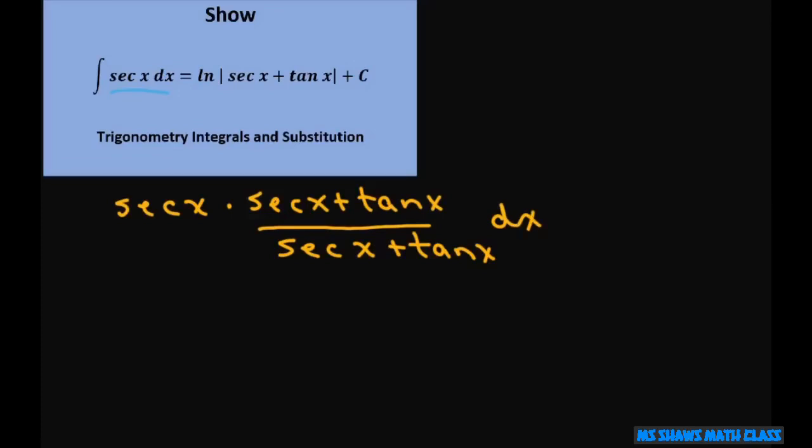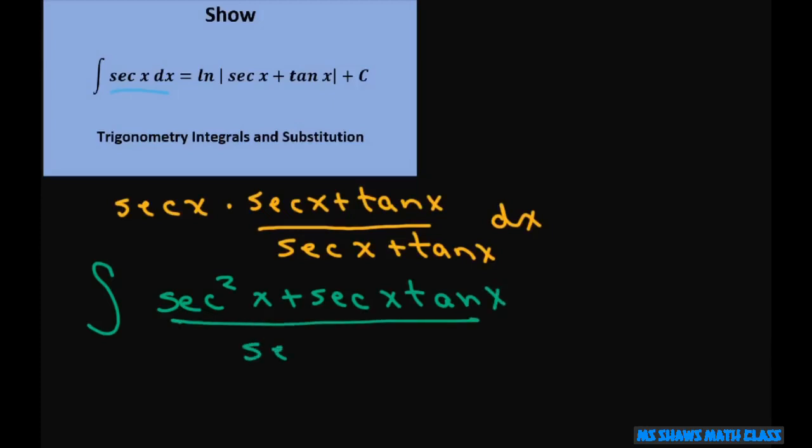So when you do that, you're going to get the integral of secant squared x plus secant x tan x divided by secant x plus tan x dx.